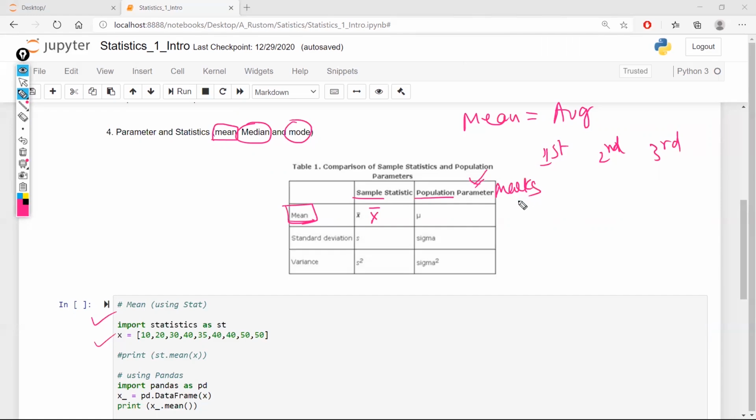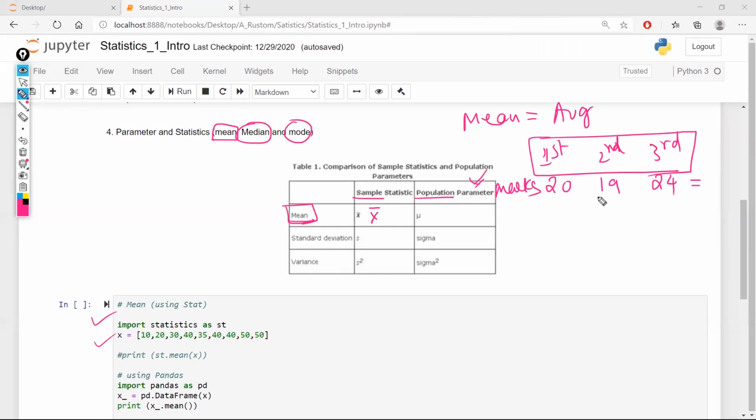Any marks, maths, science, or anything. In the first test, you have taken maybe 20 out of 25. In the second test, you have taken 19. And in the third test, you might have taken 24. So the final score is basically what? The average of all these three.